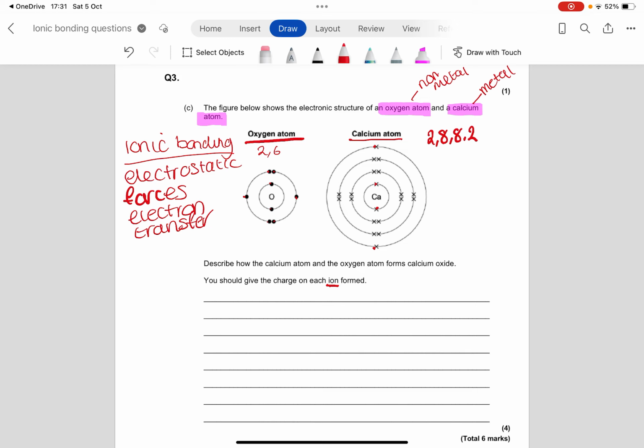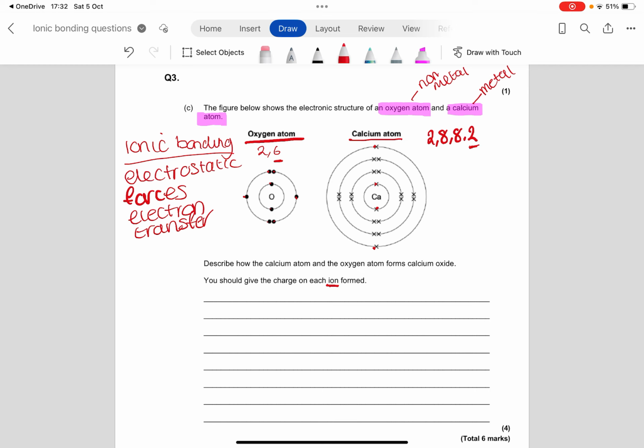It says, describe how the calcium atom and the oxygen atom forms calcium oxide. So if we can see here, we've got 2 electrons in the outer shell of a calcium atom, which it's going to want to lose. And we've got 6 electrons in the outer shell of the oxygen atom, which it needs to gain 2. So it seems like it's going to be fairly straightforward.